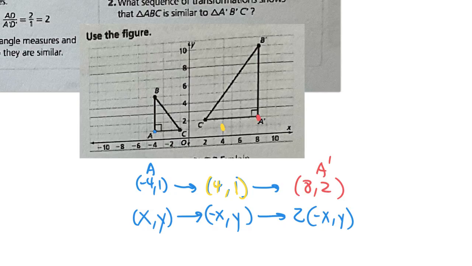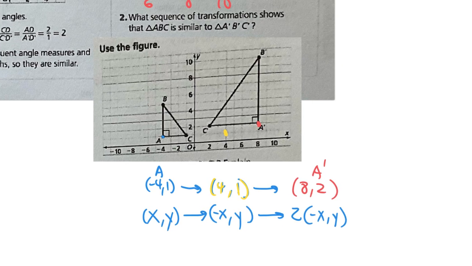But they just kind of want the sequence of transformations that would show that ABC is similar to A prime, B prime, C prime. And I feel like this kind of answers it.